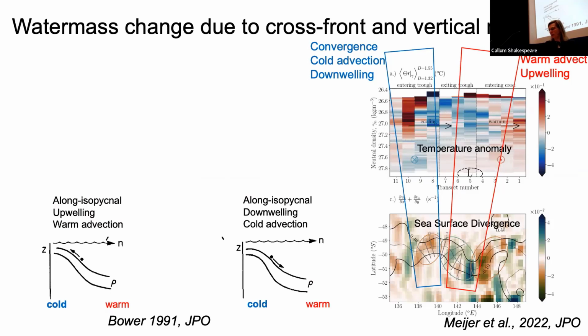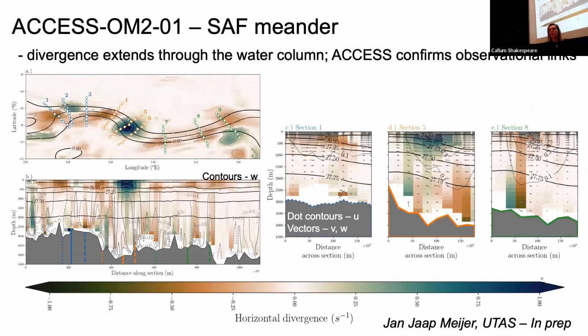And it's a process describing poleward heat transport. So the next step was to look in the ACCESS model just to see whether those relationships were in fact present in the model. And all of the shading in this slide is divergence, with green indicating divergence and brown convergence.